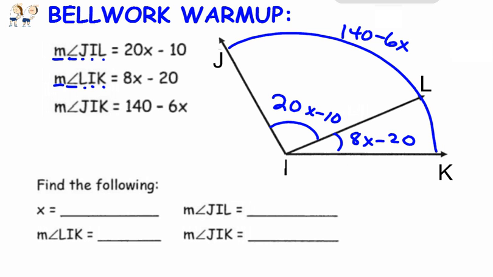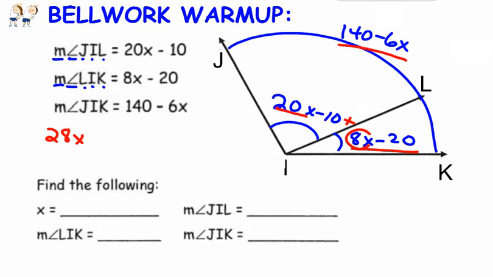So you should have set up your equation as this angle plus this angle equals the big angle. The two little angles added together equal the big angle. So in my like terms, I have 20x and 8x. That's 28x.